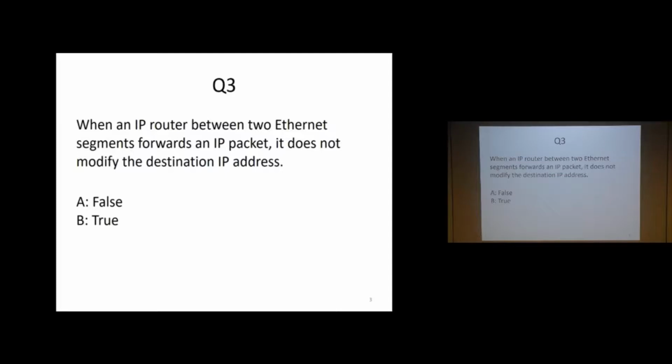On a test, if you make me understand that you're talking about with NAT or without NAT, then both answers are acceptable. But if it's just a true or false, know that my aim is not to trick you. So I intend this to be true: the destination IP does not get modified.